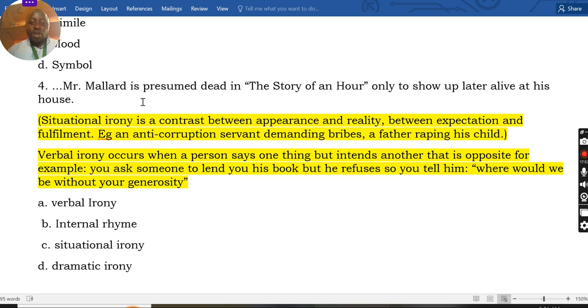Dear student, we have seen that situational irony is a contrast between appearance and reality, between expectations and fulfillment. So here, Mr. Mallard is expected to be dead, but later was seen alive at his house. So this is situational irony. Okay, the answer is C.